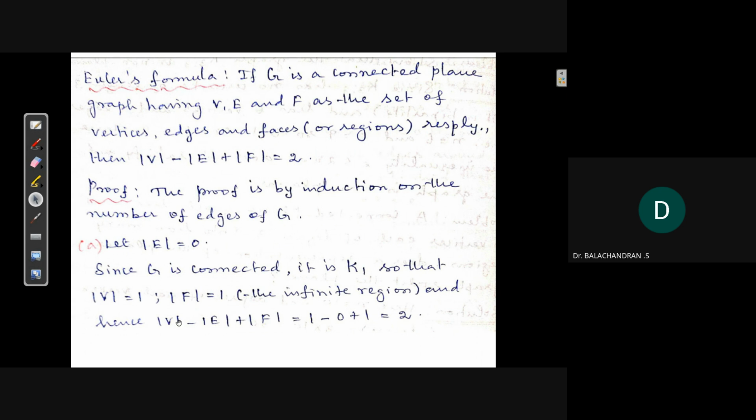I am writing the left hand side: cardinality of V minus cardinality of E plus cardinality of F equals 1 minus 0 plus 1, and I am getting 2. So we proved Euler's formula for the number of edges equal to 0.